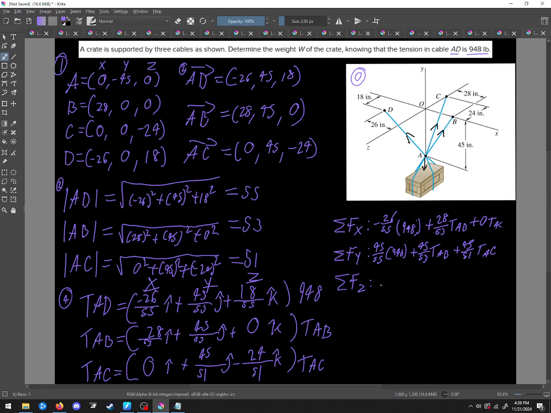And right here in the Z, it's going to be 18 over 55 times 948 plus 0 TAB minus 24 over 51 TAC. Now we can do two things. We can immediately here get TAB, and we can immediately here get TAC, meaning we've got, forgot one thing right here, minus W.